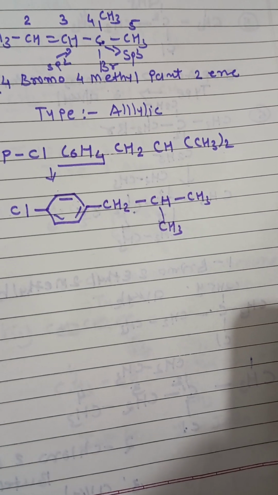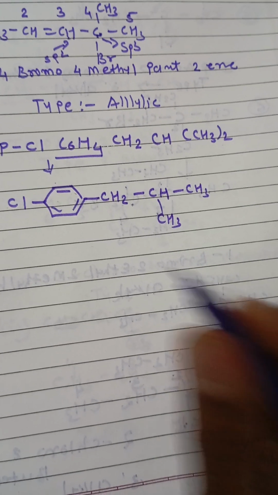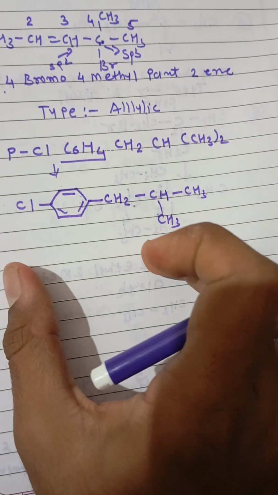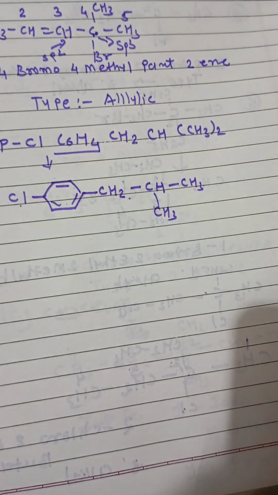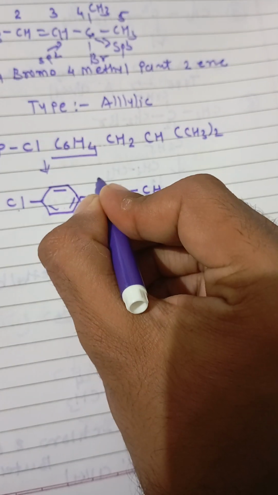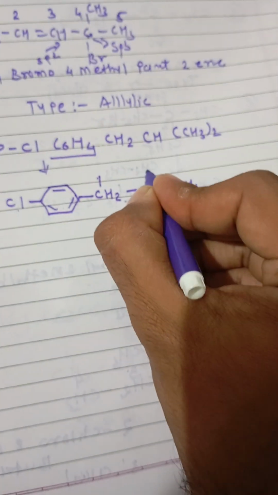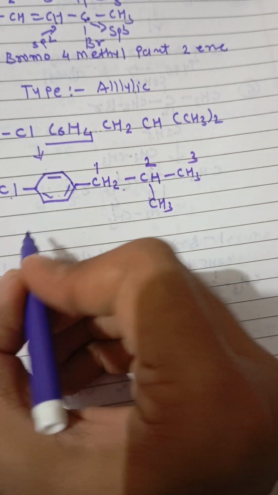Okay, and then we apply the name of the compound. This structure has a benzene ring, chlorine, and this group. We start numbering from here: 1, 2, 3, propane, and I write the numbering like this.